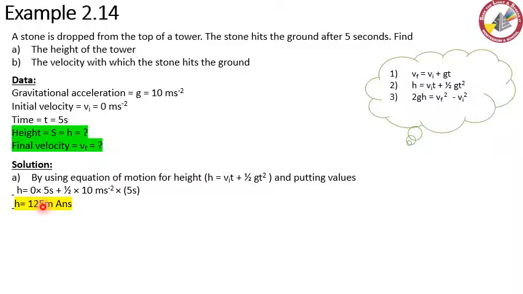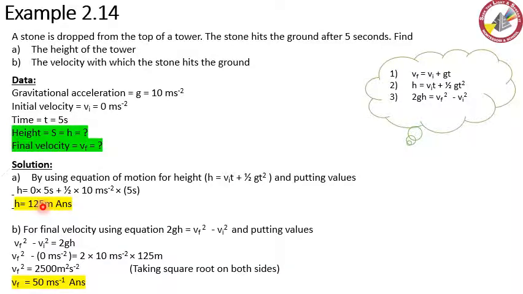Now we have to find out the final velocity. So by using the third equation, which is 2gh = vf square minus vi square, we will put the values in it and we will find out the value vf is equal to 50 meters per second.